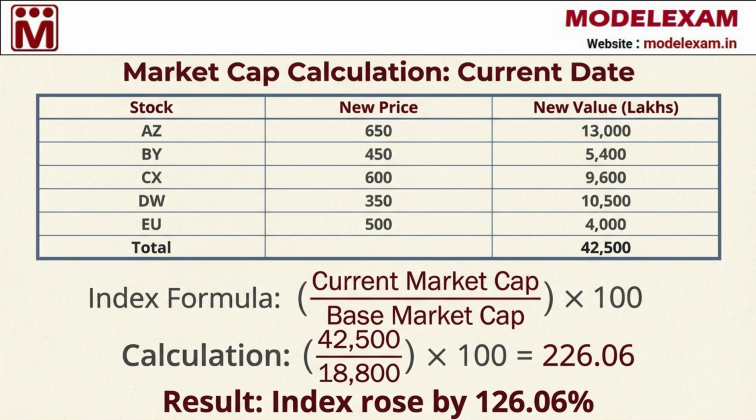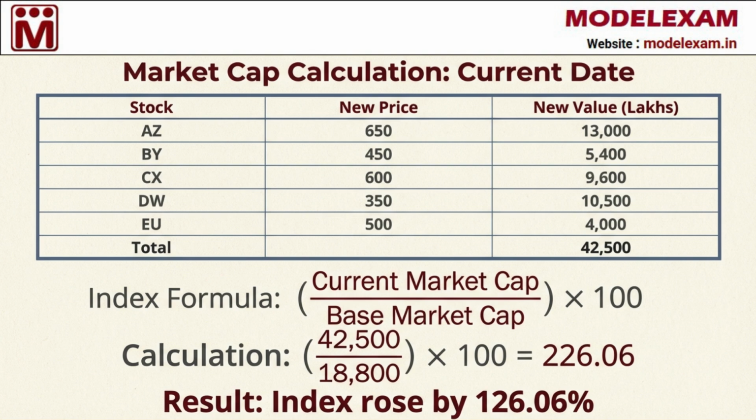If those same stocks now have a total market cap of 42,500 lakhs, we compare that to our starting 18,800. What this means is our index value has climbed from 100 to about 226. That's a 126% increase. In this system, you'll notice that stocks with higher prices or more shares naturally start to take up a bigger piece of the pie.